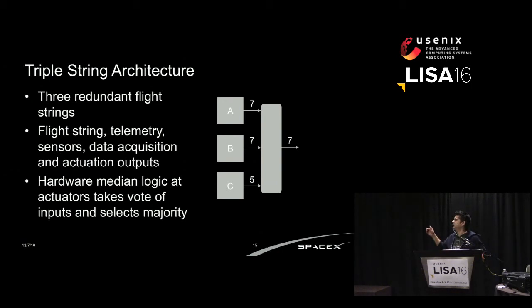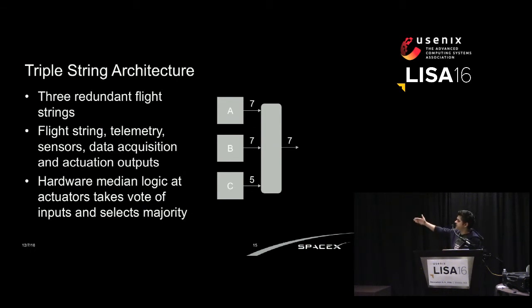So we basically have three redundant flight strings, and each flight string is made up of a flight computer and associated supporting hardware, sensors, telemetry systems, data acquisition, and output systems to the actuators. The actuators themselves, like engine controllers, have what we call a hardware median, where each string sends down a command, and the hardware median votes and takes the majority.